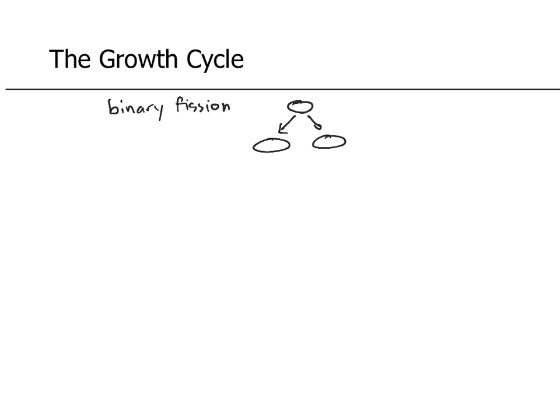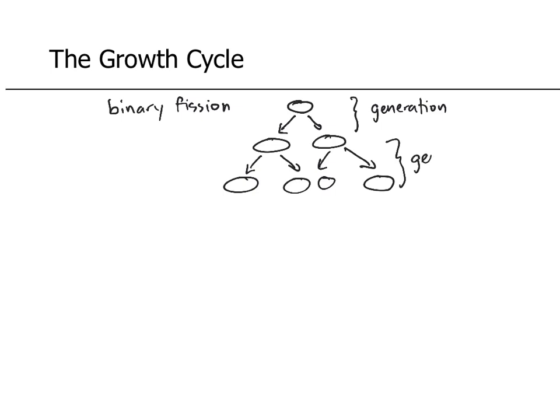Then those two are going to divide again, and you get two more cells each. This process is called binary fission. And each time something divides into two, that's considered a generation. So this is a generation, and this is a generation.